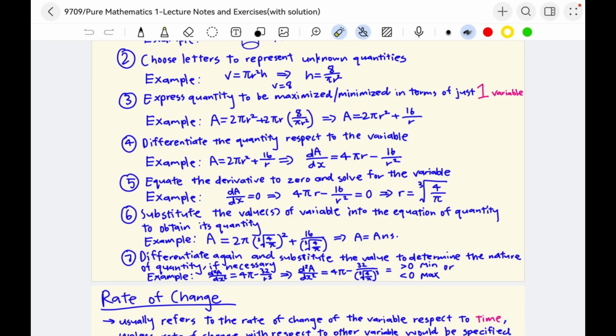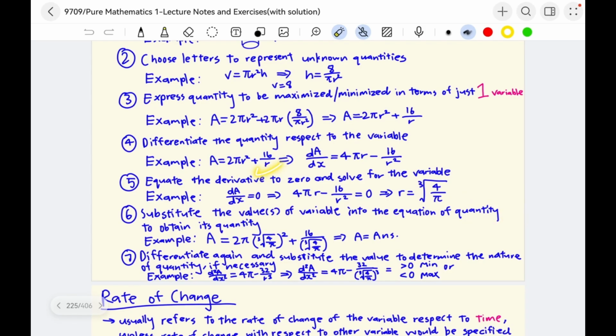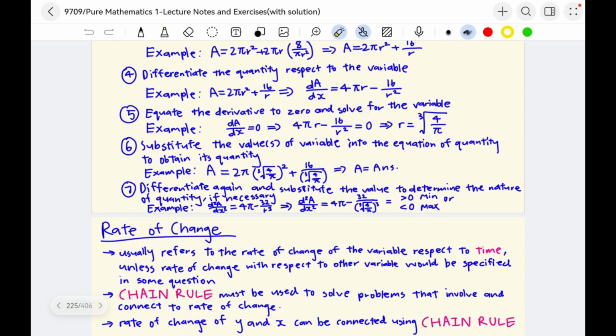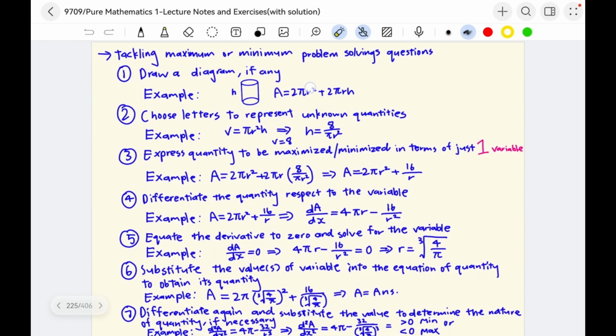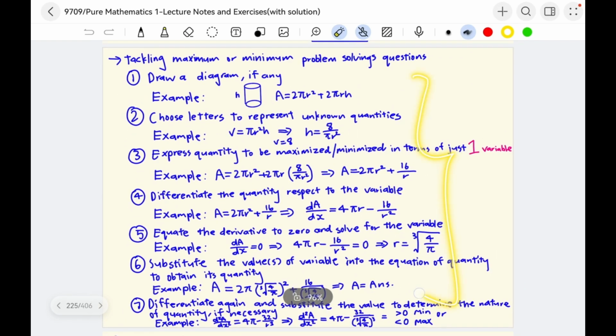Then substitute the variable into the equation of the original quantity that you have derived, to obtain its maximum or minimum value. If you want to determine the nature of the quantity, take the second derivative and substitute the value inside. Alright, so that's all for the procedure of tackling maximum or minimum problem solving questions.